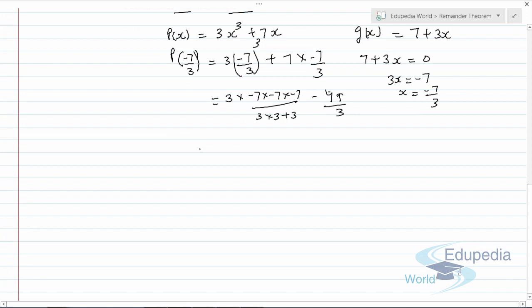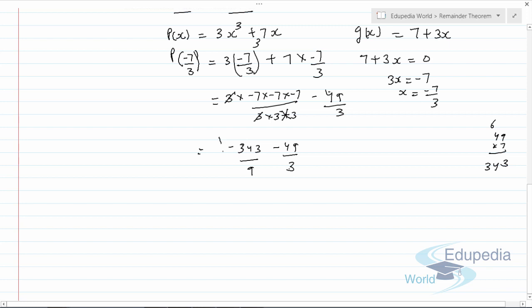So this and this will cancel out. So the answer will come out to be 49 into 7 is 343, minus 343 upon 9 minus 49 by 3.